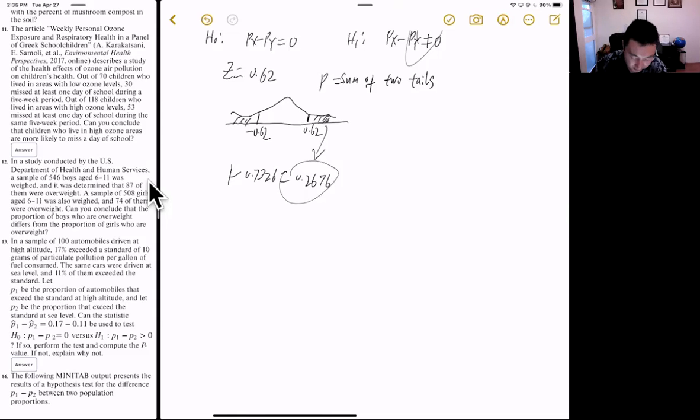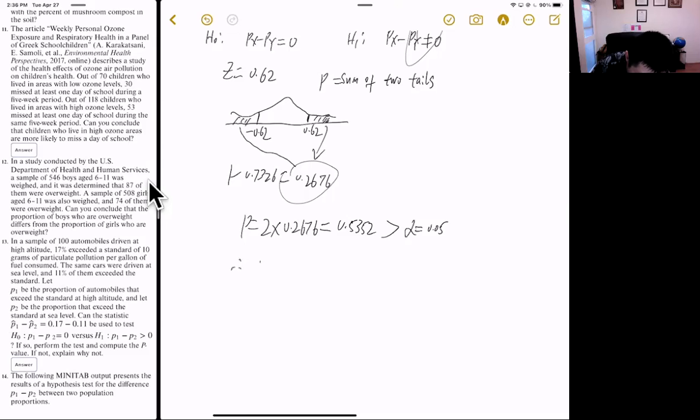The left-hand tail is also the same because the z table is symmetrical. So the p-value will be 2 times 0.2676, very large.